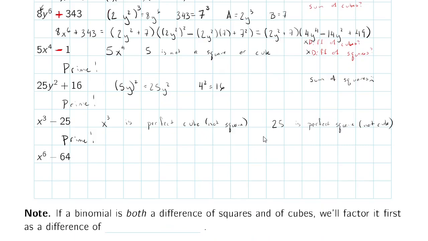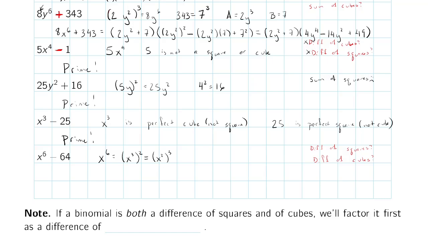I have subtraction. So I could have a difference of squares or a difference of cubes. And looking at my terms, my x to the sixth, well, that's x cubed squared, but it's also x squared cubed.